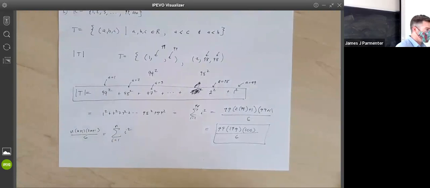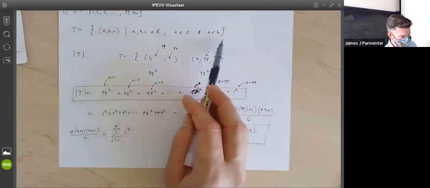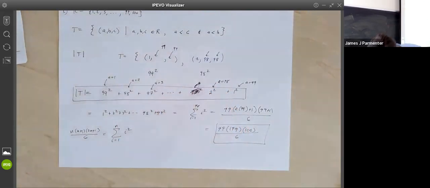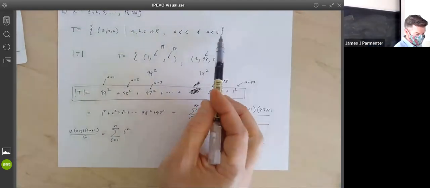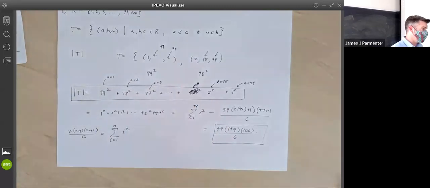I did not use the 8 values. Well, that's a fair question. I didn't want to pick B or C because there was no relationship between B and C. So I decided to focus on A because I knew that B had to be bigger than A and C had to be bigger than A. So that was the way I made that choice.